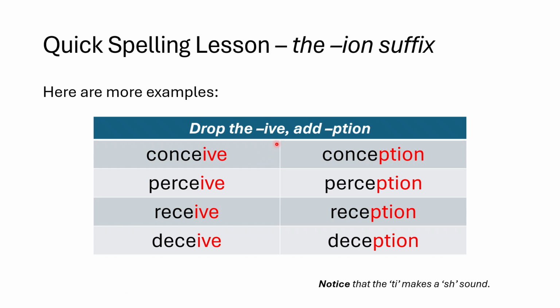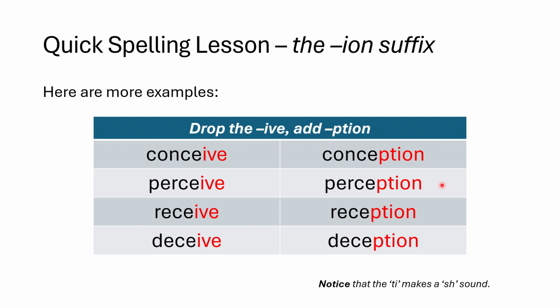Drop the IVE. Add PTION. I will say the word. I will pause. When I pause, you say the word. The verb is conceive. The noun is conception. The verb is perceive.